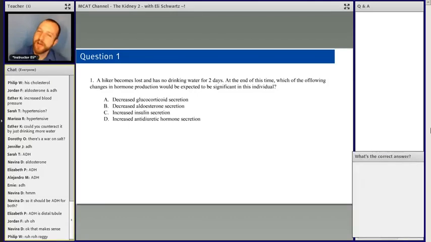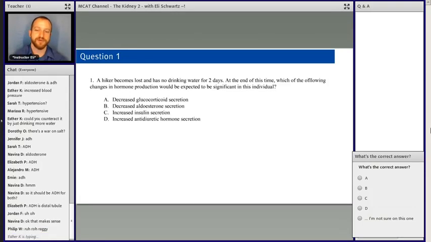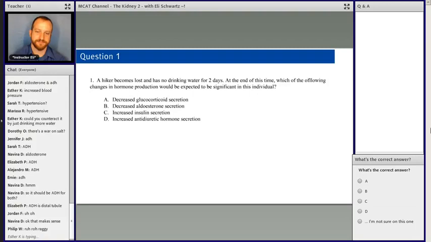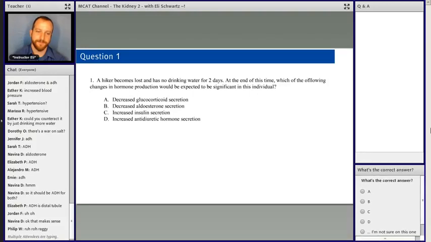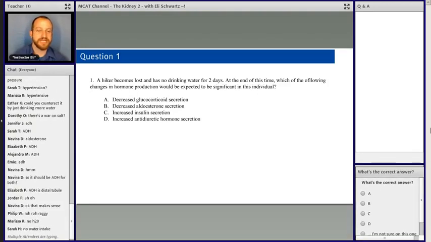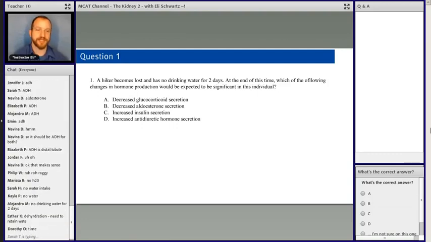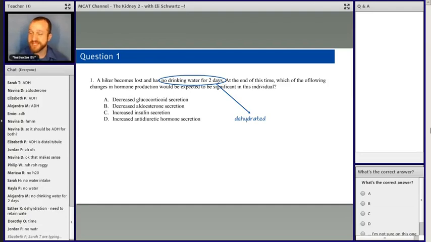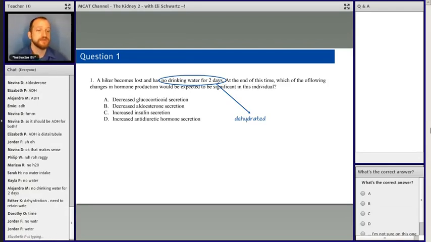But let's look for a couple key pieces. What do you notice right off the bat that's going to be a key piece for us to figure out which of these is acting? That's a key hint. No water intake for 2 days. Interesting. No water for 2 days means definitely dehydrated. Okay.